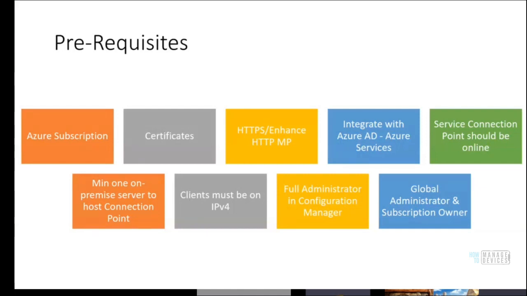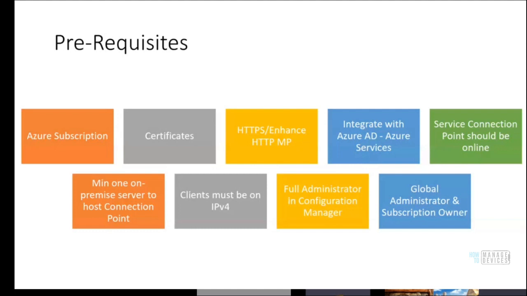There are different certificate requirements, and we'll cover that in detail. And you need to have one management point in the hierarchy. It should be on HTTPS, or it should be on enhanced HTTP. Enhanced HTTP is one of the latest features which came recently. You can use enhanced HTTP, or else you need to have an HTTPS MP.